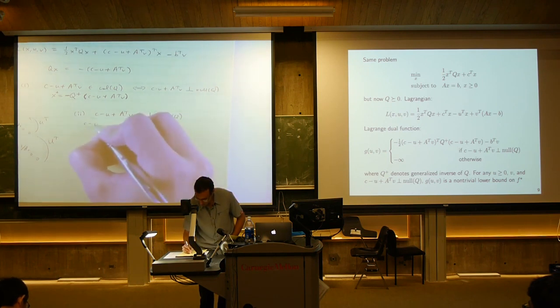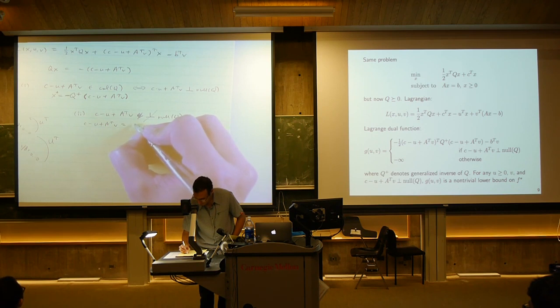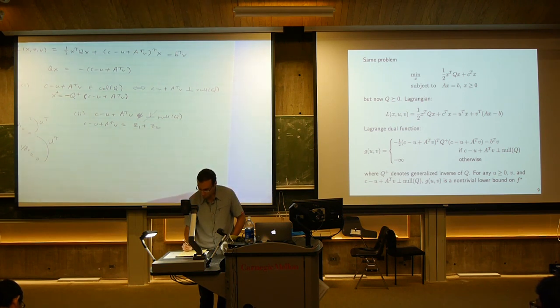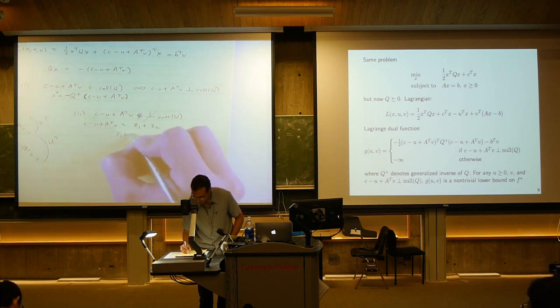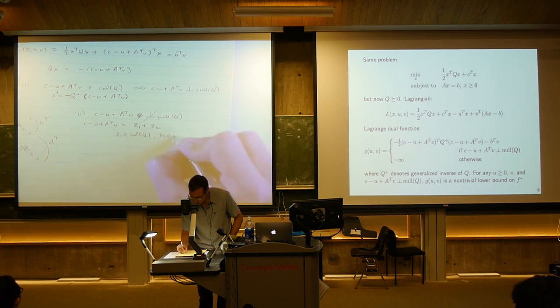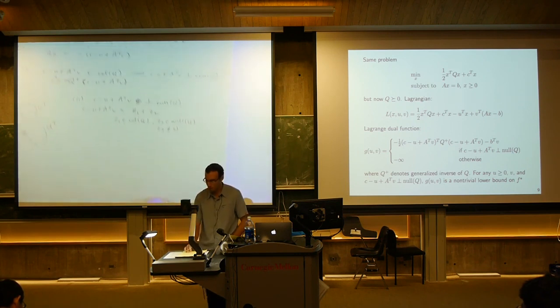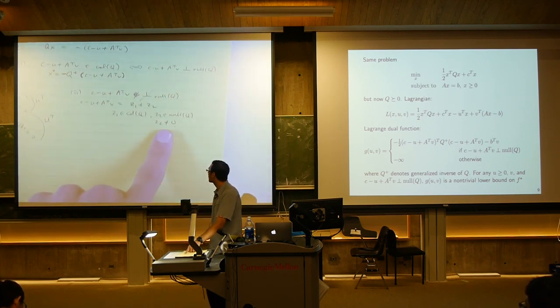Let's say I write this thing as, let's call it Z1 plus Z2, where this thing is in the column space of Q, that thing's in the null space of Q. Right? Z1 is in the column space of Q. Z2 is in the null space of Q. And Z2 is not equal to 0. Okay, so this is what I mean by being not orthogonal to the null space.